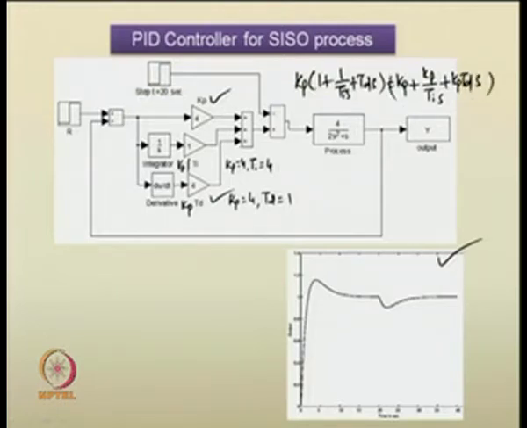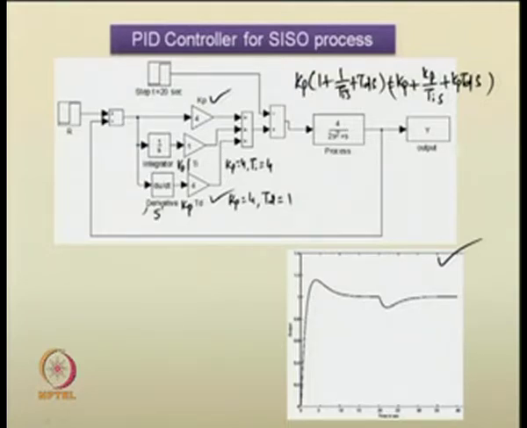Therefore, we have written this Kp by Ti divided by s, and Kp Td derivative term giving us s. So, this PID controller is now giving us a satisfactory response with certain overshoot, response time and so on.